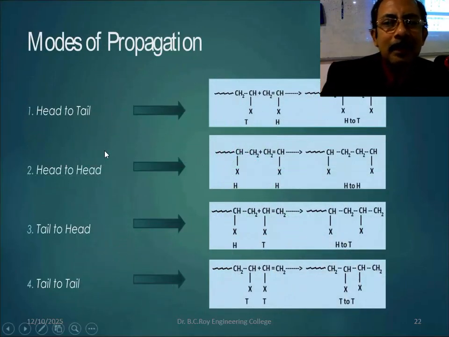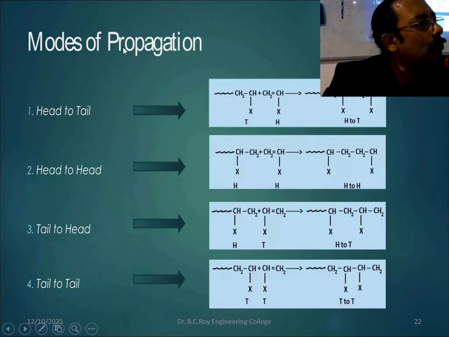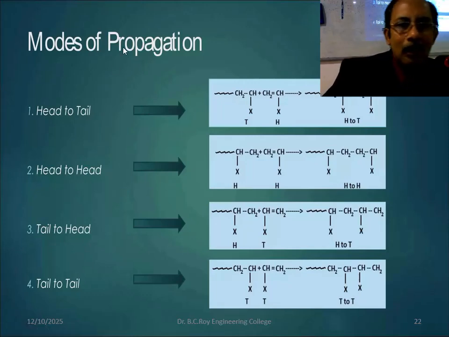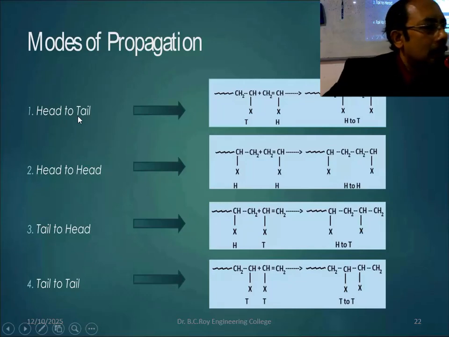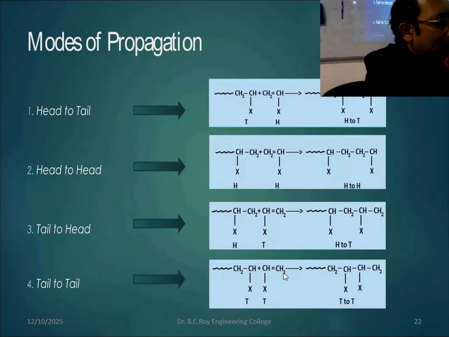Now, modes of propagation. How do molecules join with other molecules, one after another? Head to tail: the head of one, the tail of another. It can also be head to head, tail to head, and tail to tail. These are the possibilities. This end is joining with this end, or this end with this end.